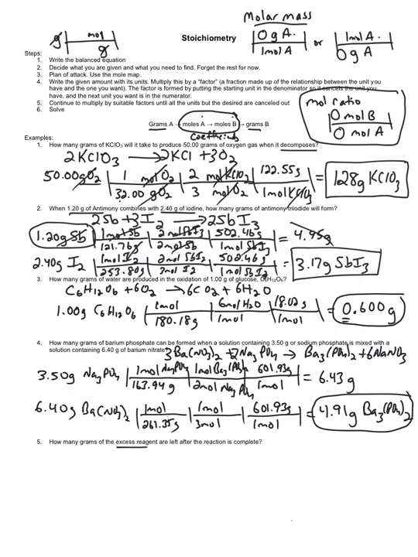I kind of talked about it in problem 2. Now I'm going to actually show it to you. So we take the amount of product that can be produced, and we are going to work backwards to figure out how much of the excess reactant was consumed.